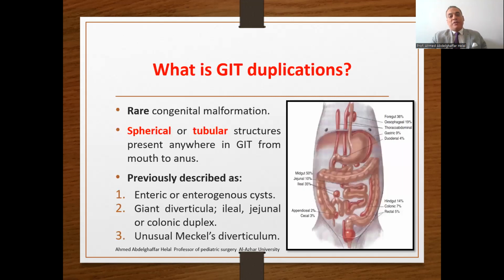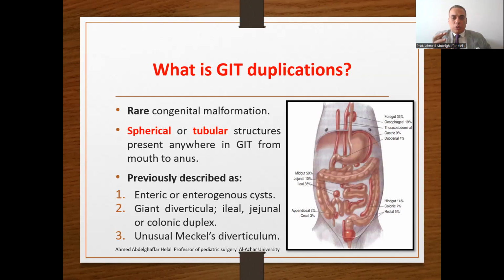At first, the first question is, what does gastrointestinal duplication mean? It's a rare congenital anomaly. It means that there is a spherical or tubular structure present anywhere in the gastrointestinal tract, from the mouth to the anus.